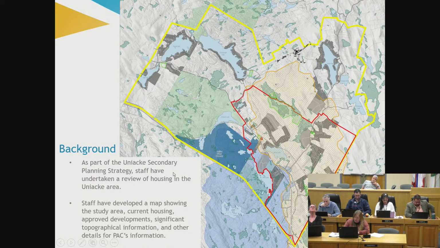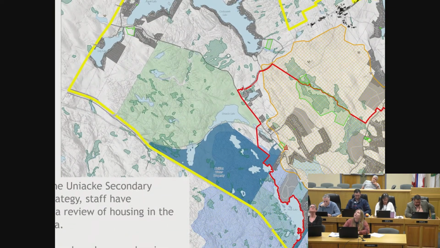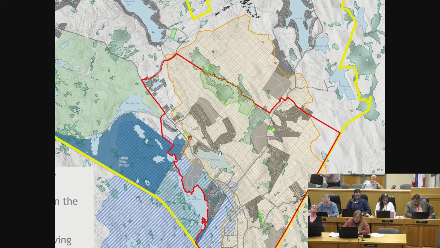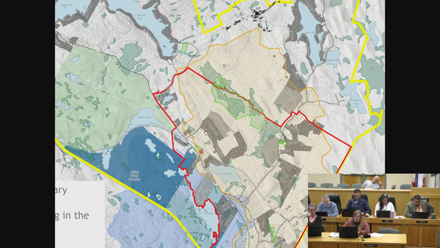Also shown are areas where there is current development. Those are existing homes and lots, in the dark gray, and the schools. The light gray is proposed or currently under construction. So we've had the rezonings on East Uniacke Road, the rezoning in South Uniacke, and plans of subdivision around Westlake and for Moonlight Drive here.